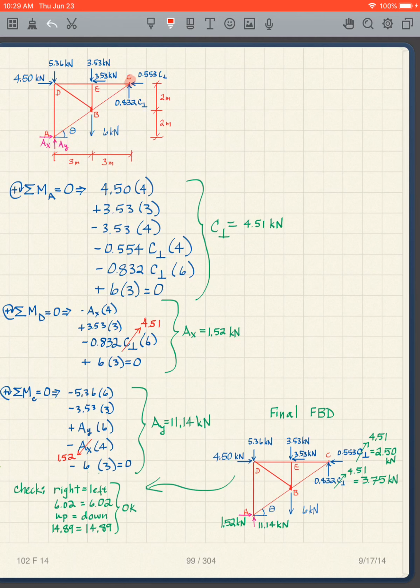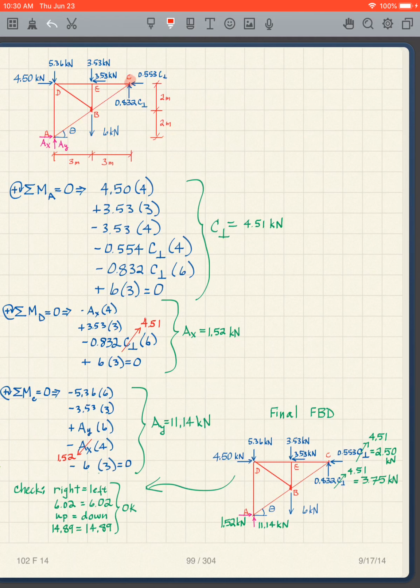In terms of the signs, counterclockwise, so it's negative. Counterclockwise, so it's negative. Counterclockwise, so it's negative. Counterclockwise, so it's negative.